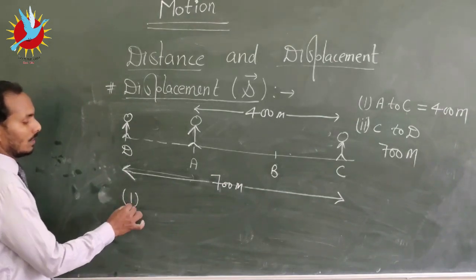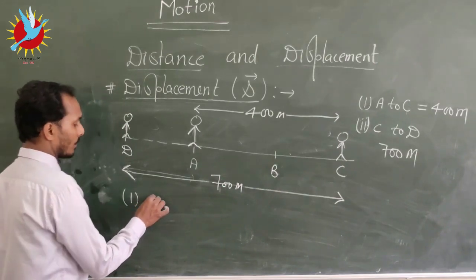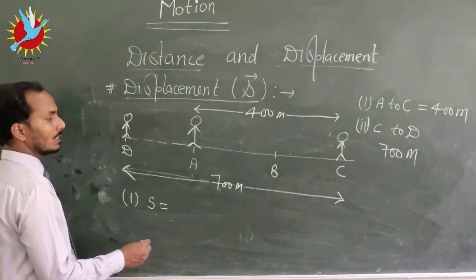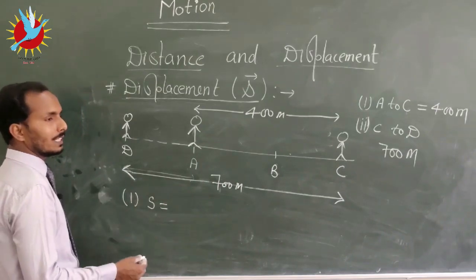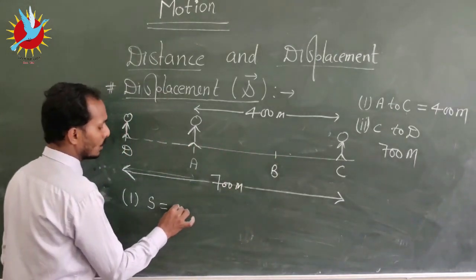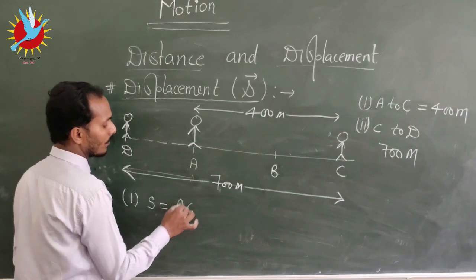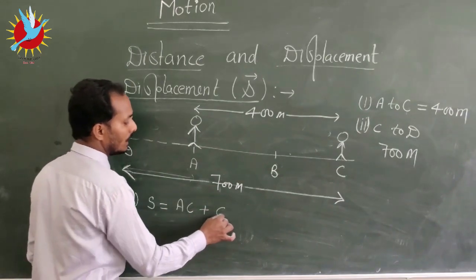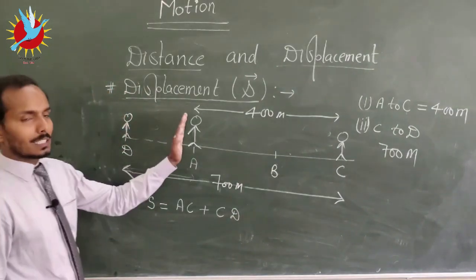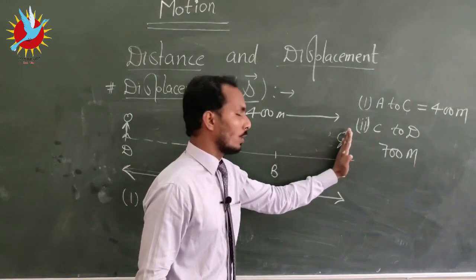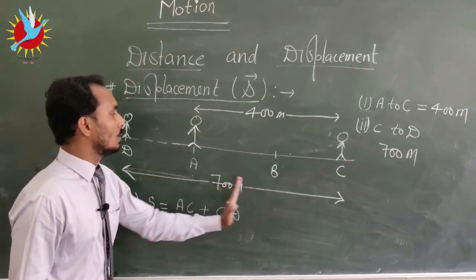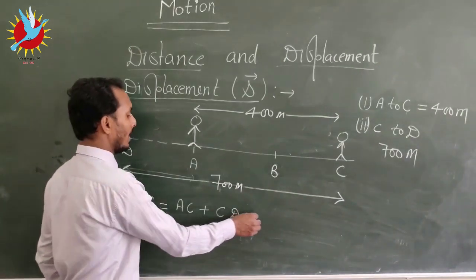So the first step is distance. The symbol of distance is S. The formula: you can say that it is the actual path covered by the body. So the actual path is, first it goes from A to C, then C to D. So what is its value?